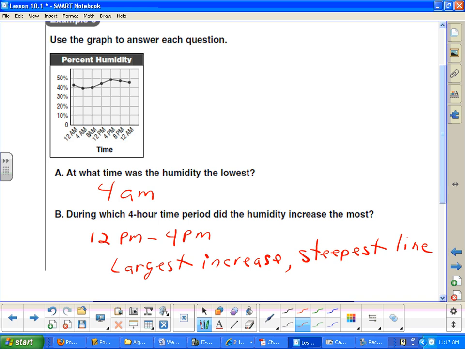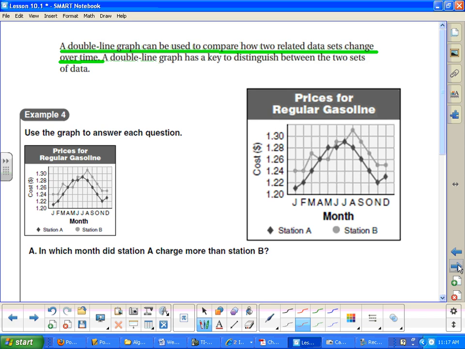Kind of tough to tell there, though, isn't it? From 8 a.m. to noon, it's almost the same. Those are pretty close, but we have to look for when the line is the steepest. All right? Good. A double line graph can be used to compare how two related data sets change over time.